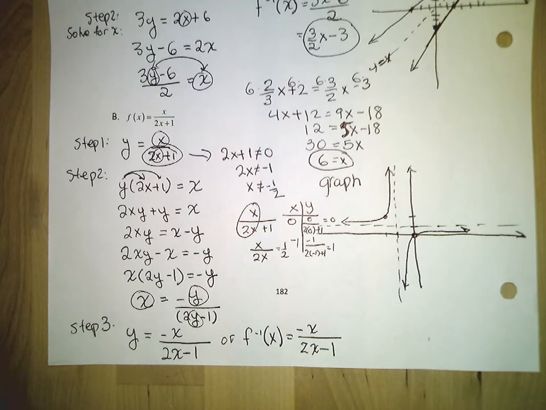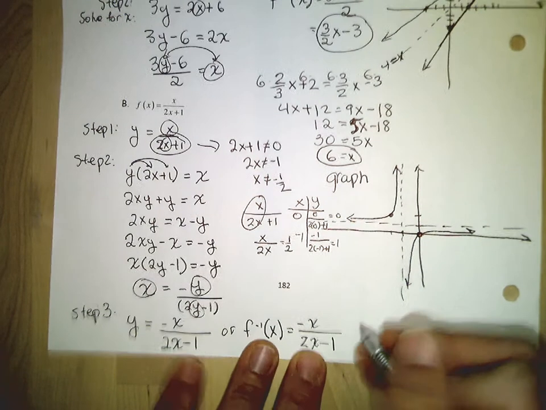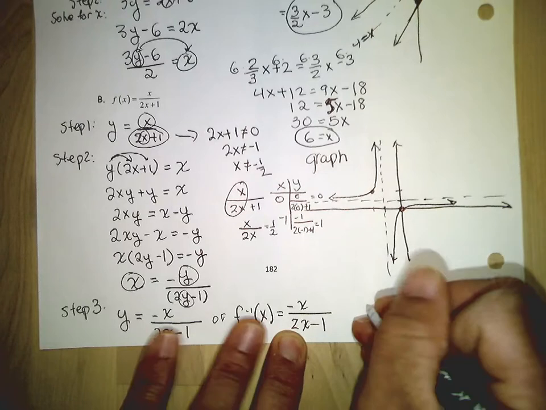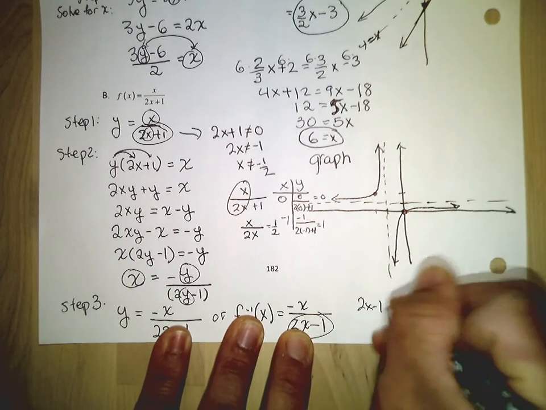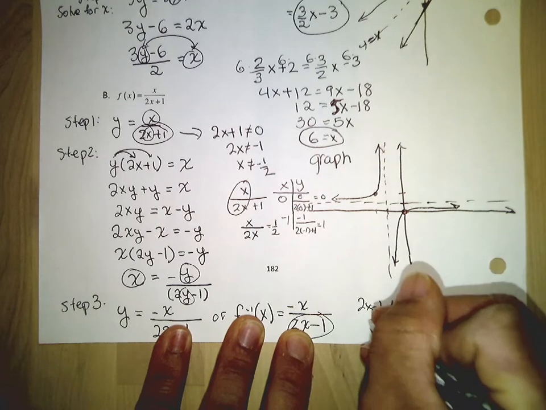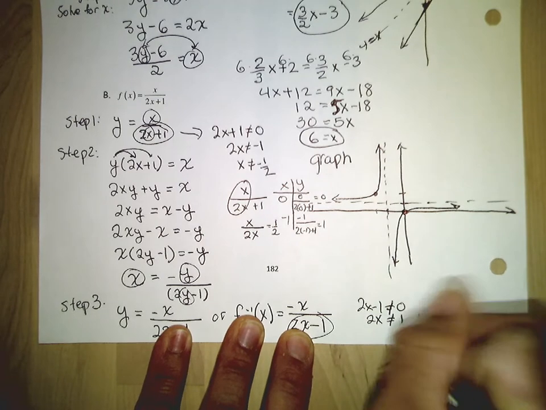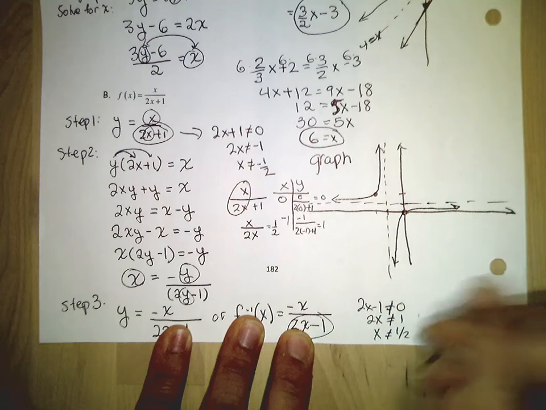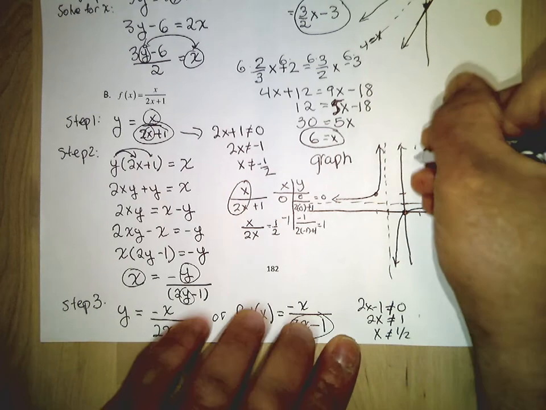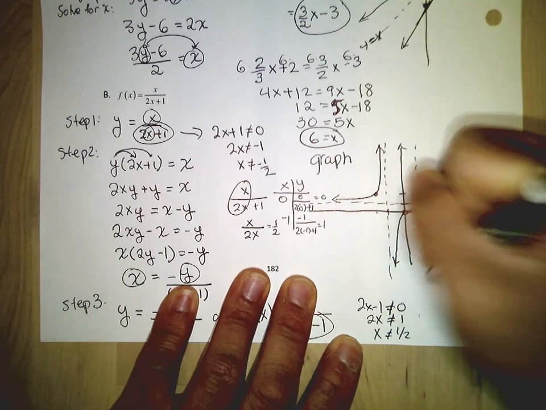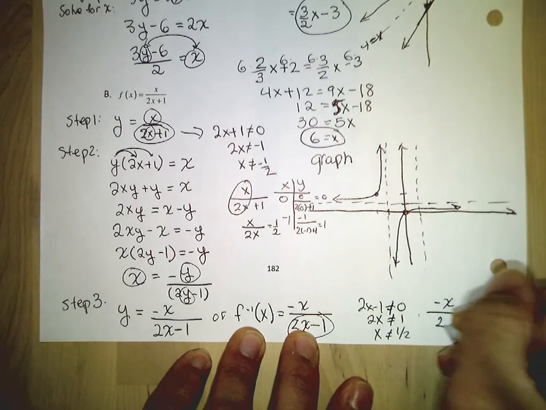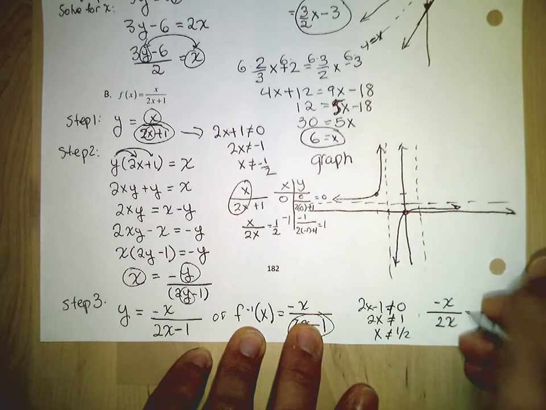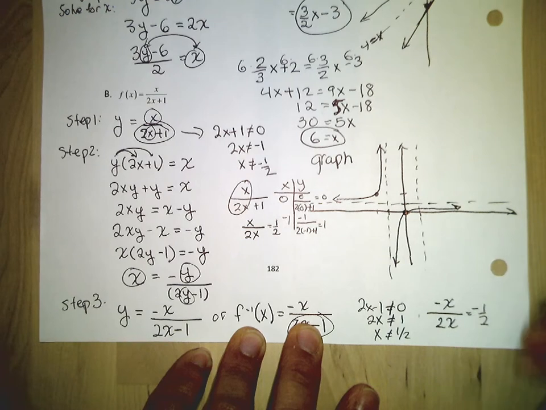All right, now for the inverse, something similar. The denominator 2x minus 1 cannot equal 0. So if you add the 1, 2x cannot equal 1, and x cannot equal a half. And then the ratio of the highest power terms in the numerator and denominator will be a negative a half.